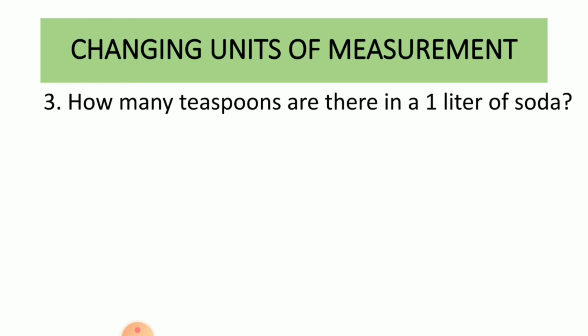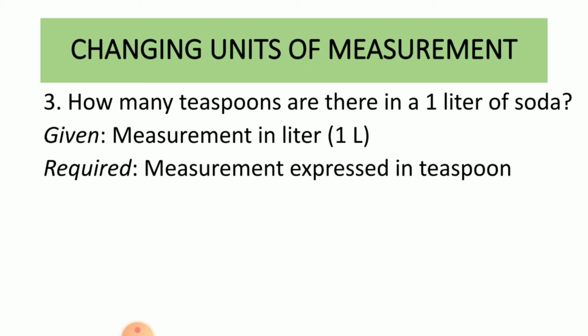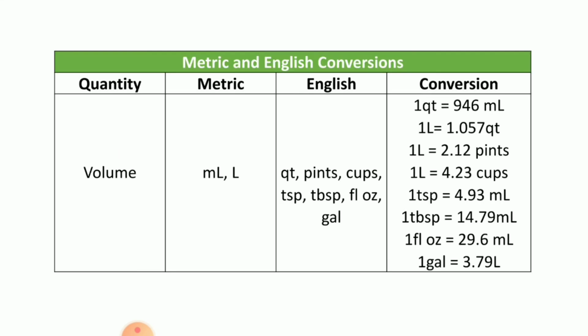And last example, how many teaspoons are there in 1 liter of soda? For the given, measurement in liters. Then, for the required, measurement expressed in teaspoons. So, we will convert liters to teaspoons. For the solution, again, we need to look for the metric and English conversions.